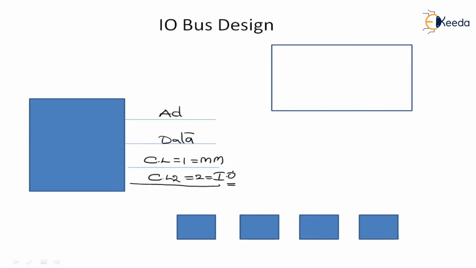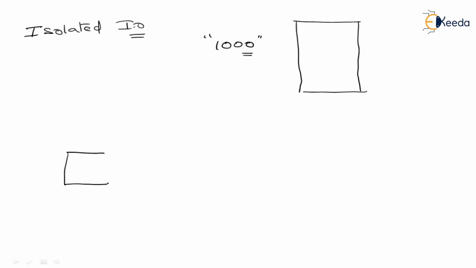How does it work exactly? Let us stay focused and understand. Let us see. The main memory system is of 1000 words. Okay, the main memory size is equal to 1000 for this instance, and there are 4 IO devices. Each device uses an interface, right?